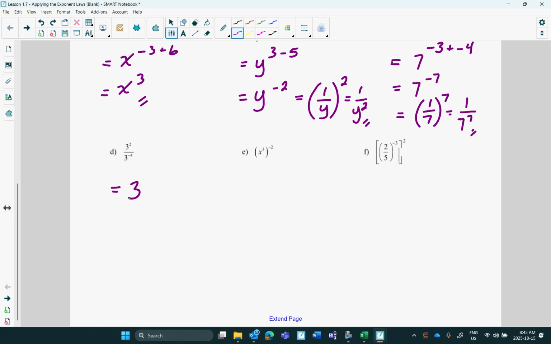Now, but watch out for this, because it's not 2 minus 4. It's 2 subtract negative 4. You've got to watch out for that. Which means this changes to 2 plus 4. Are there any negative exponents I have to change? No, we're done.